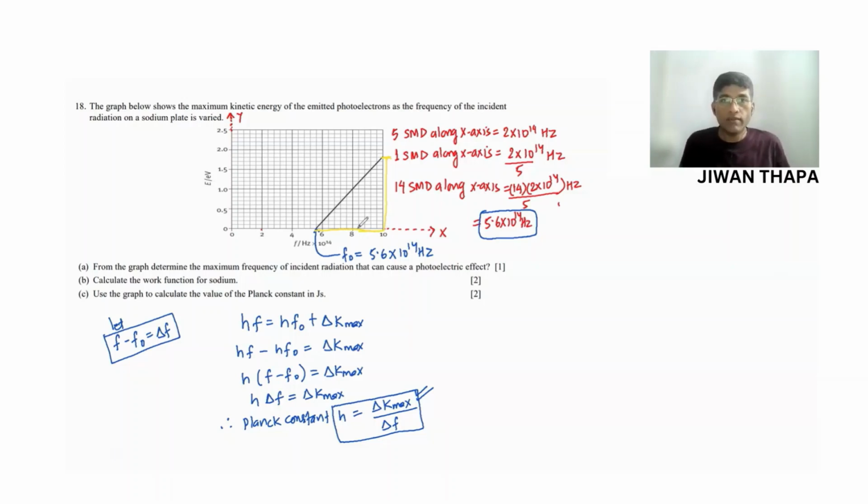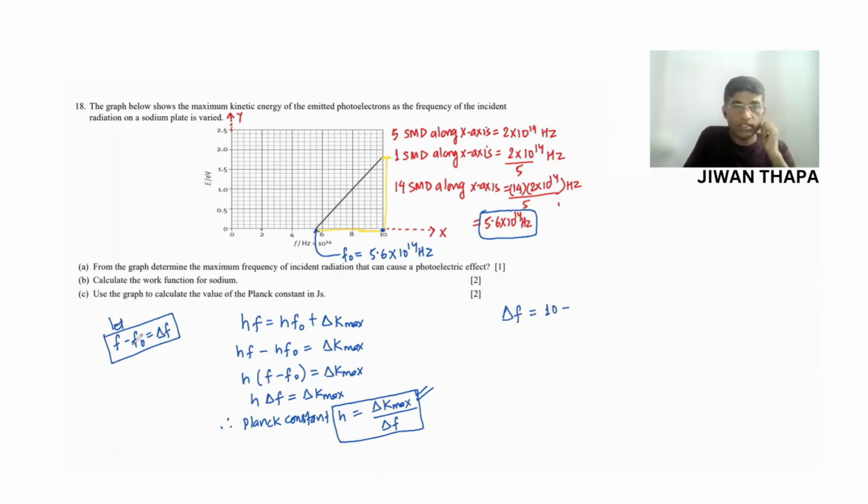Let us find first delta f. I need to take this point and another point.